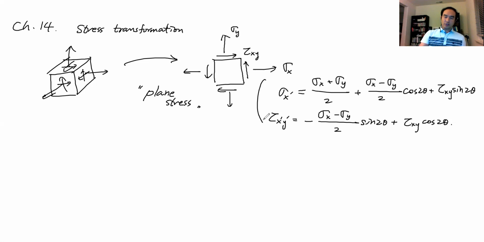Okay, so these two equations came from the derivation, and then we rearrange them. Take this term to the left-hand side, square the first equation, square the second equation, add them together, and we realize that the rearrangement provides the equation of a circle.